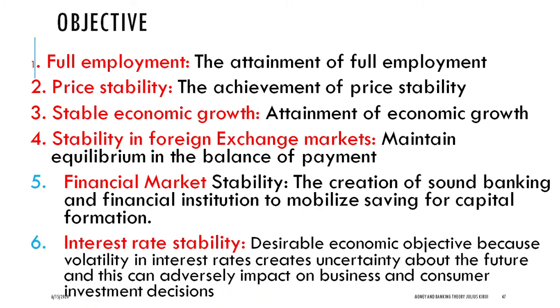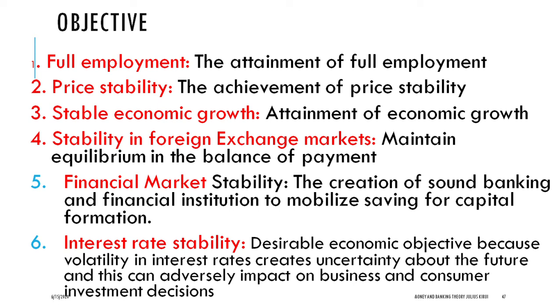Interest rate stability. A desirable economic objective because volatility in interest rates creates uncertainty about the future, and this can adversely impact business and consumer investment decisions. Remember, a stable interest rate brings forth economic growth.